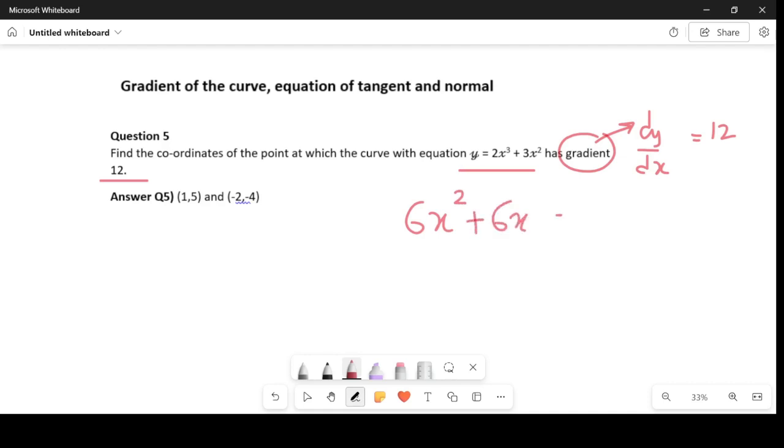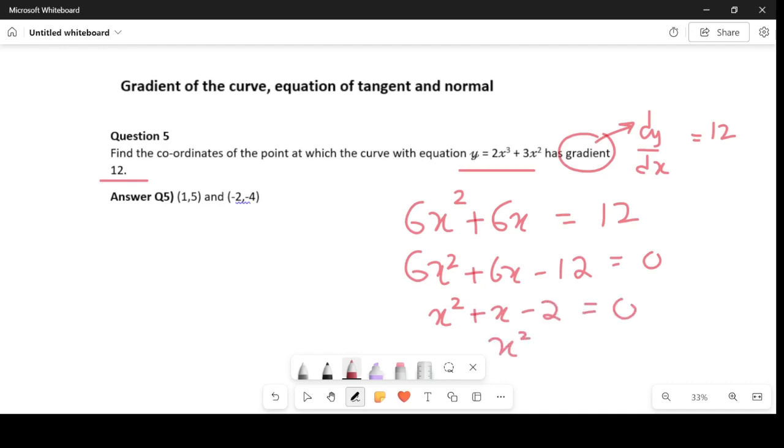This is the gradient, equate it to 12, bring everything to the same side or divide both sides by 6 as well. To simplify this, I'm going to do that. I'm dividing both sides by 6, so x squared plus x minus 2 is equal to 0.